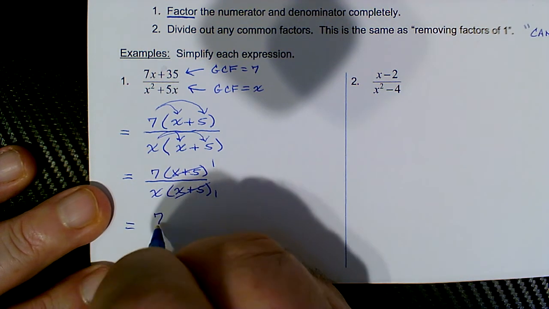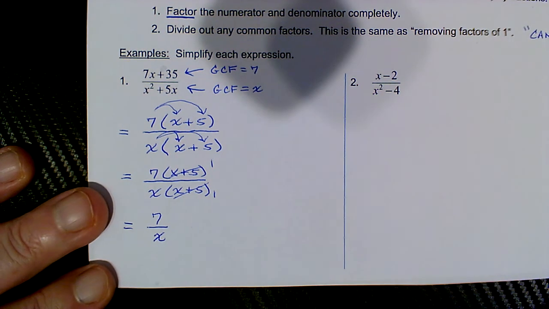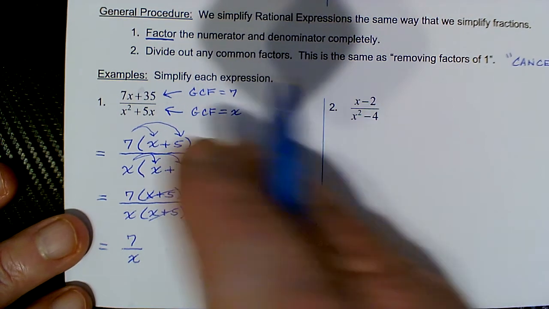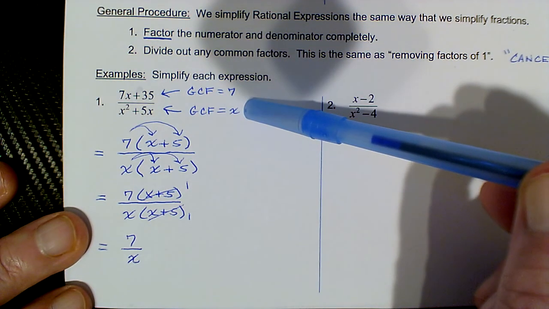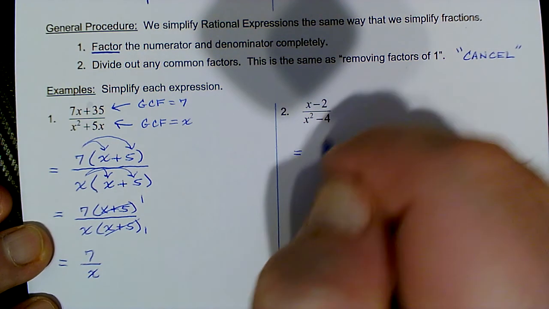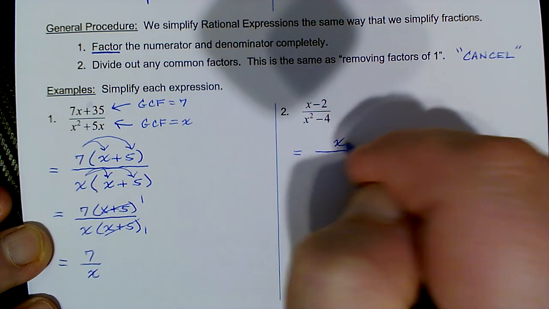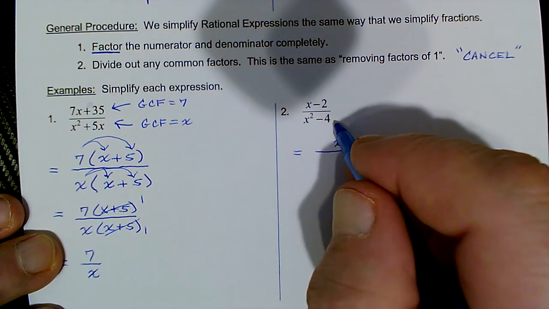Okay, so we have to be good at factoring. First thing to look for when factoring, as we saw in this example, is greatest common factor. Let's see what we have here. We have x minus 2. That's a binomial unique to itself. But x squared minus 4, we should recognize that as the difference between two perfect squares.